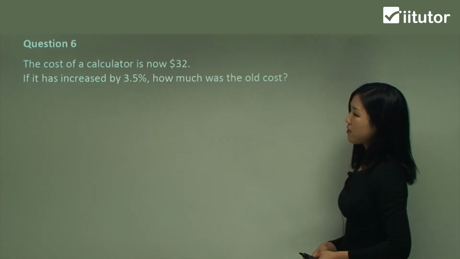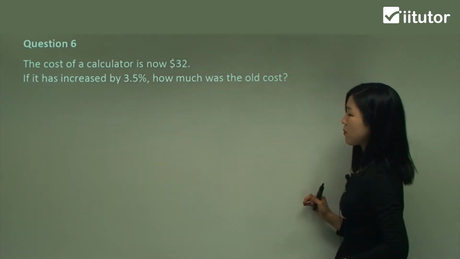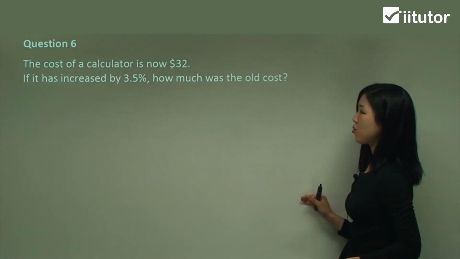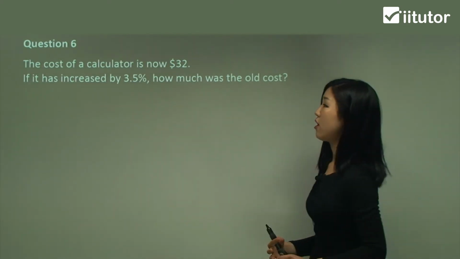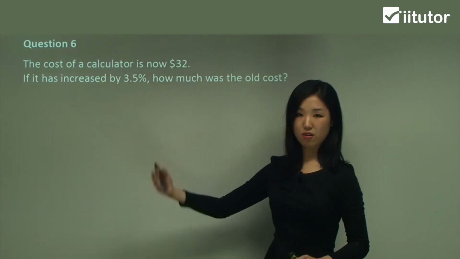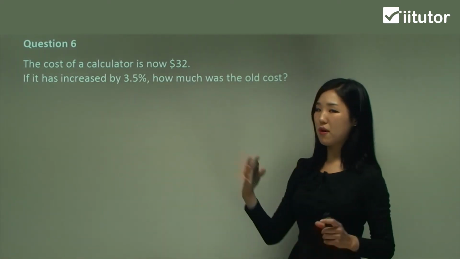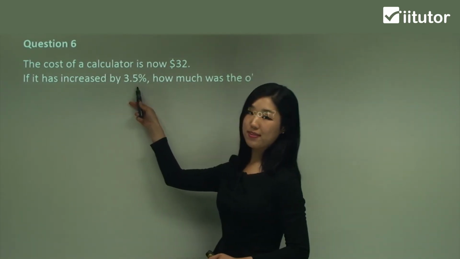6. The cost of a calculator is now $32. If it has increased by 3.5%, how much was the old cost? So old cost is the original cost. Okay, so this price is the price that has been increased. So the old cost must have been smaller. And it increased by 3.5%, didn't it?